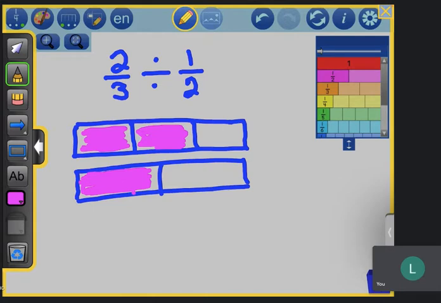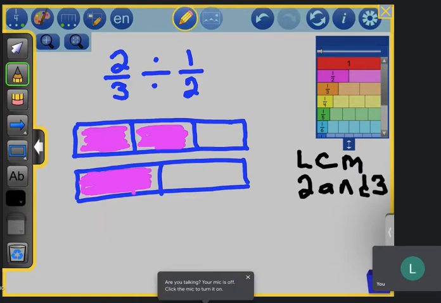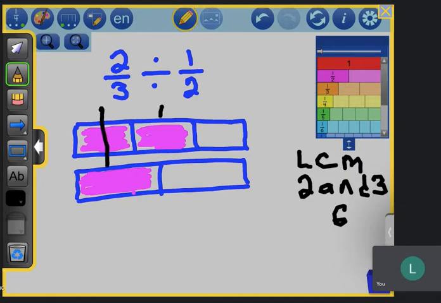So what I'm actually going to do is use the LCM of 2 and 3, or 3 and 2, however you want to say it, right? And the LCM of 3 and 2 is 6. So I want to actually turn my boxes now into sixths, right? I have thirds, so I'm just going to divide each into 2, because 2 times 3 is 6.